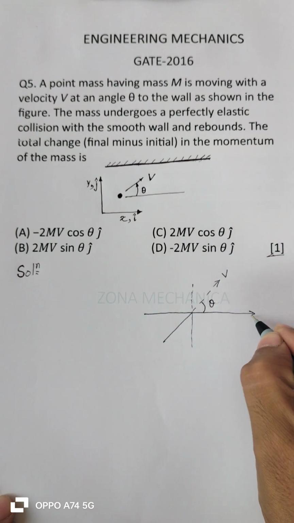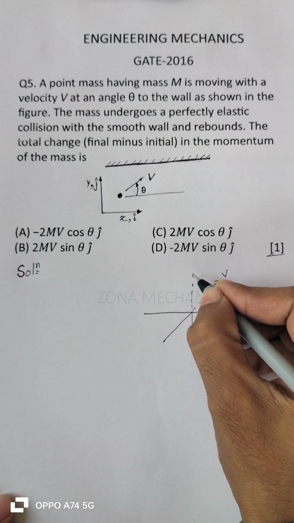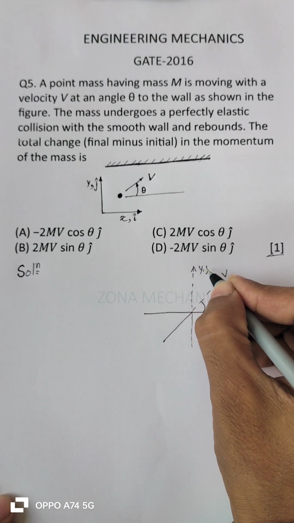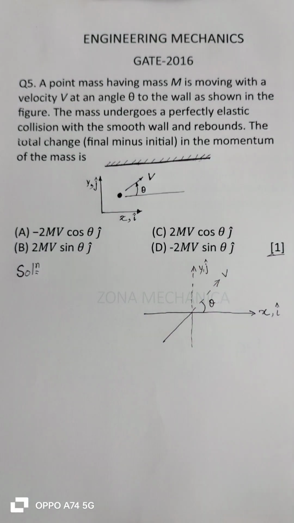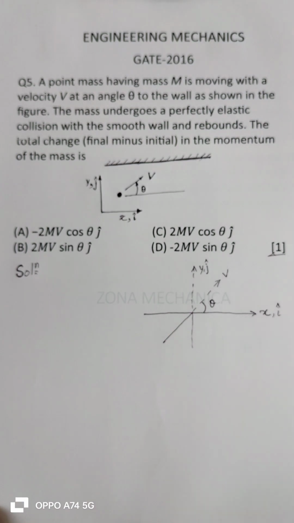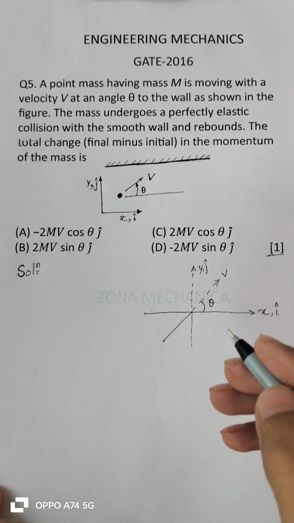This is my x-axis, i cap, and this is my y-axis, j cap. Okay, so it is told that the mass undergoes a perfectly elastic collision with the smooth wall.